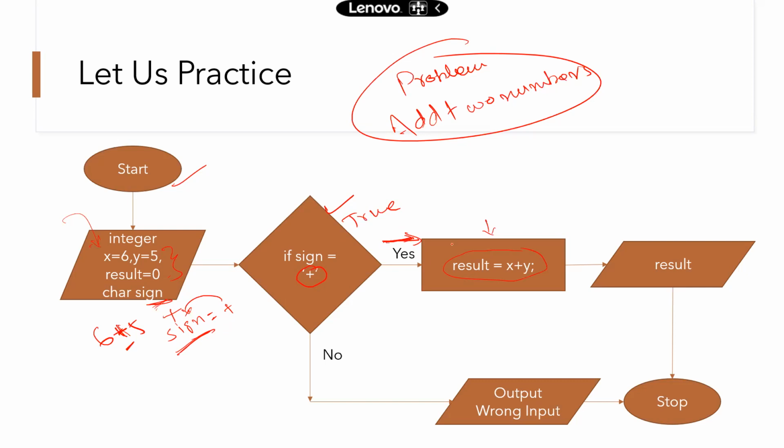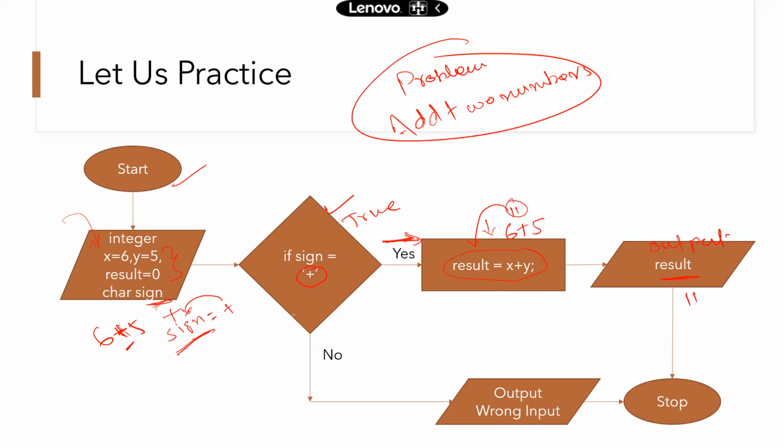The next activity is the process box, which adds two numbers, x is equal to 6 and y is equal to 5, and stores this 11 into the result. Then there is an output box, and we simply output the result, which in this case, because it's 6 plus 5, is 11.